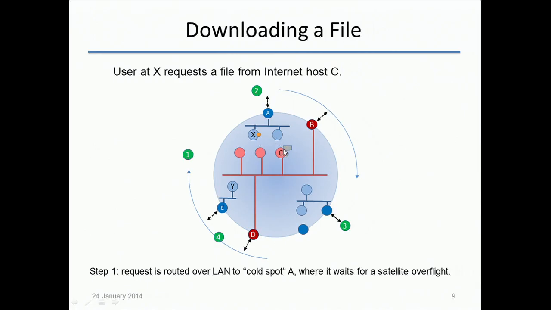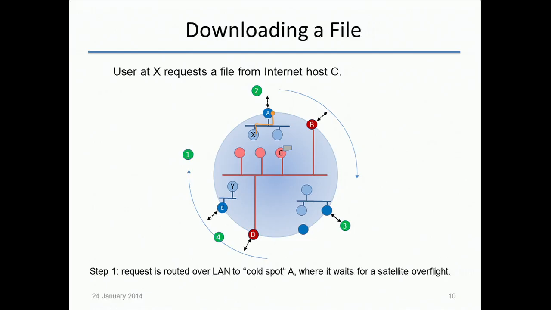This guy wants to download this file, and he can't do it because he's on a local area network that's not connected to the internet. So what he does is request the file in this delay-tolerant constellation mechanism, and that file request is routed over the local area network to cold spot A, that is his cold spot, the one that connects him to the rest of the world. And it sits at cold spot A waiting for a satellite overflight.